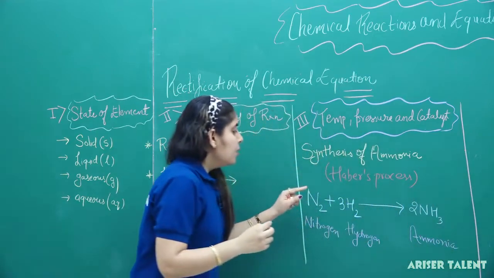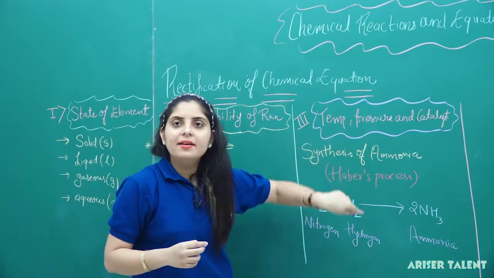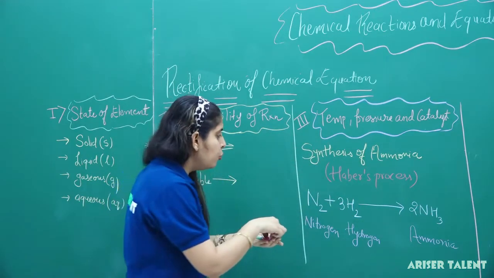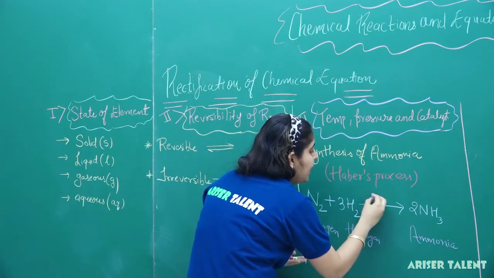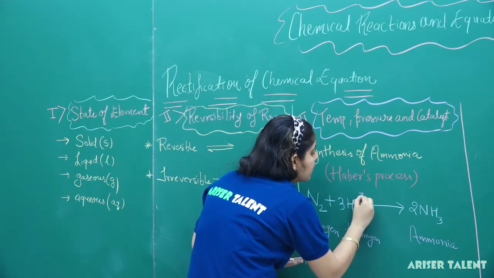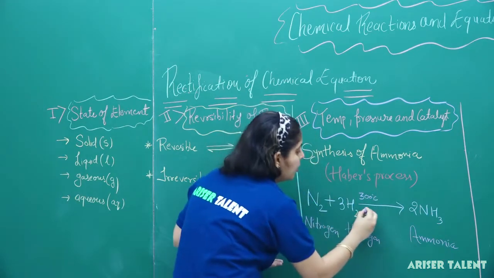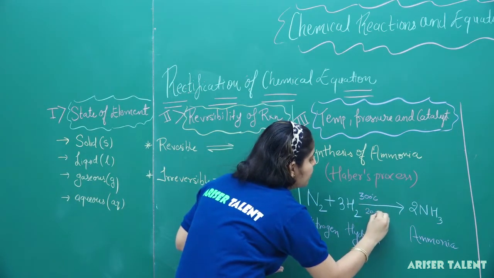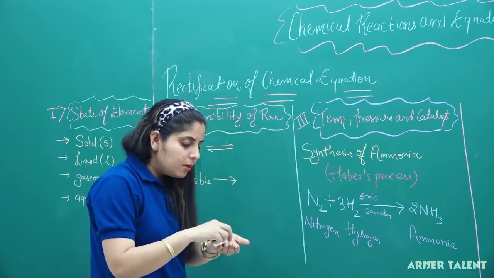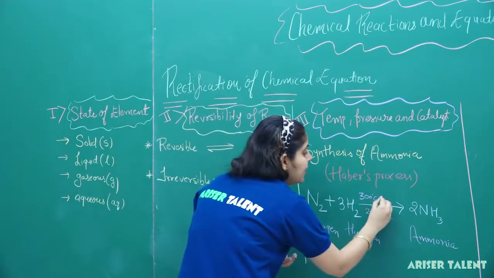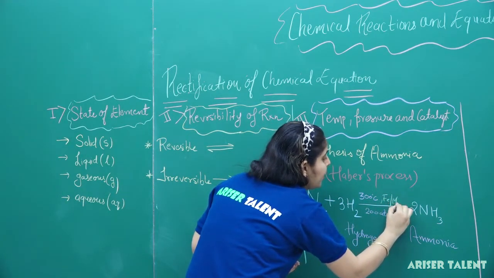Now we have to mention the conditions of temperature, pressure and catalyst in this equation. This reaction takes place in the presence of 300 degrees Celsius temperature, 200 atmospheric pressure, and we put the catalyst in this equation, that is iron fillings with molybdenum.